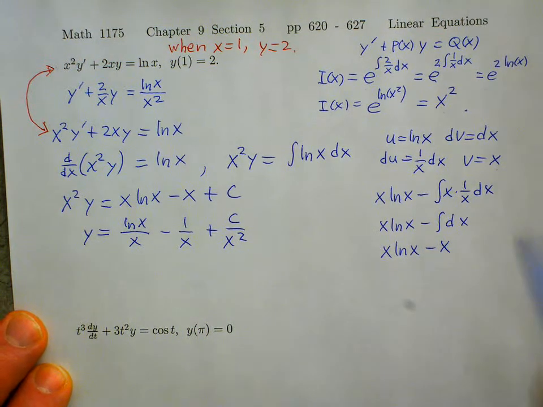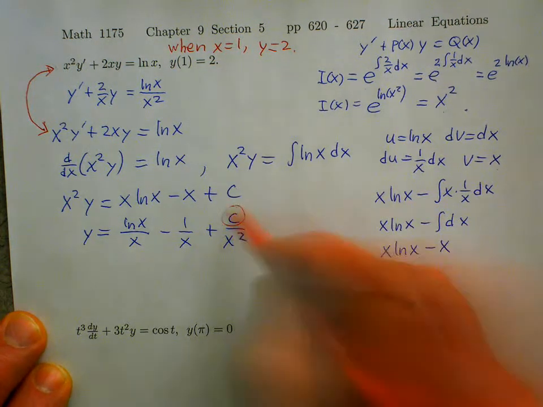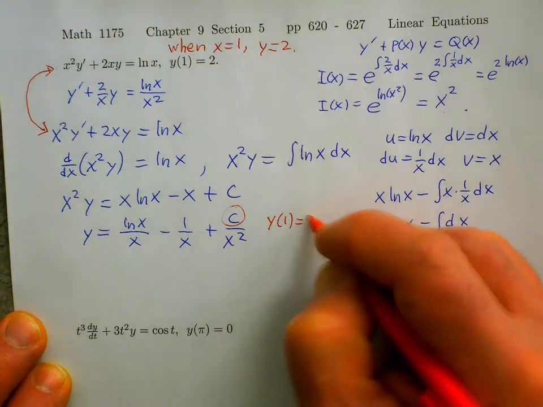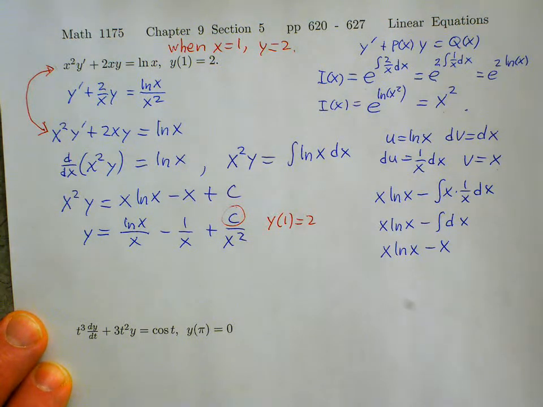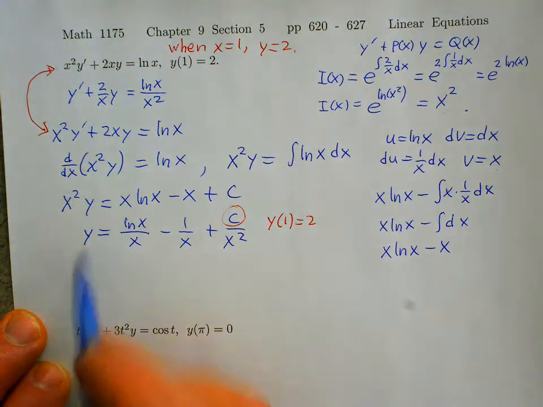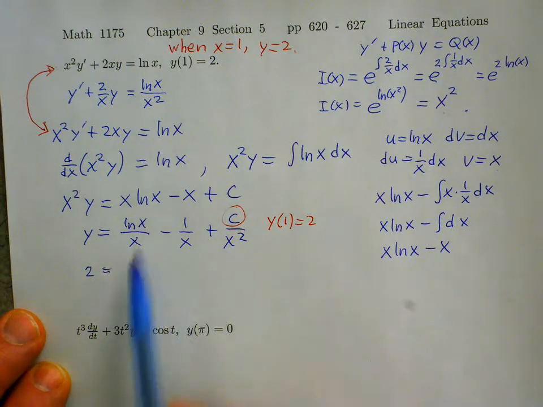Then we remember the initial conditions. So we want to find c using the fact that y of 1 equals 2. Okay, so we replace y with 2. Replace every x with 1.